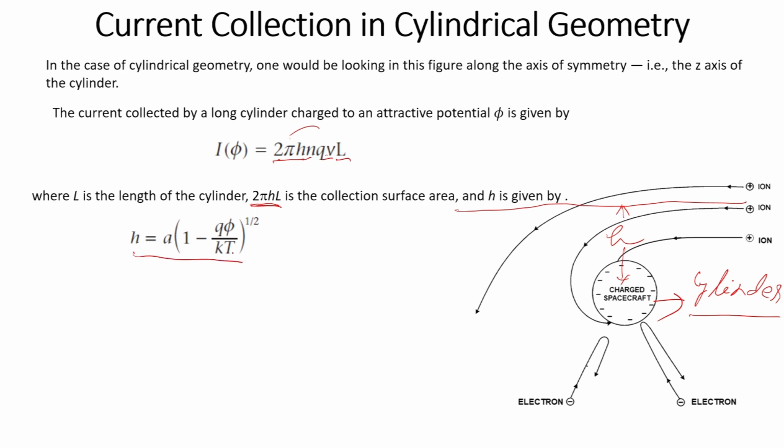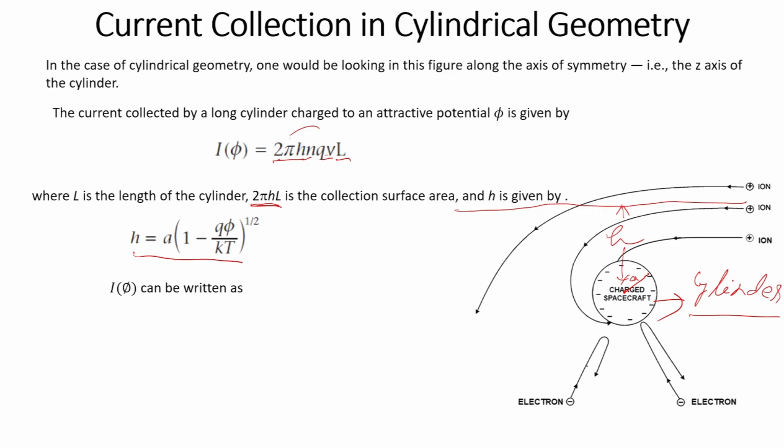Impact height is a function of, first, the spacecraft radius. What is A? A is the radius of the cylinder here, while in the other case it was the radius of the sphere, and phi is the potential developed on the spacecraft surface.